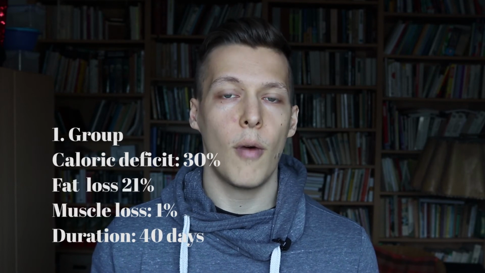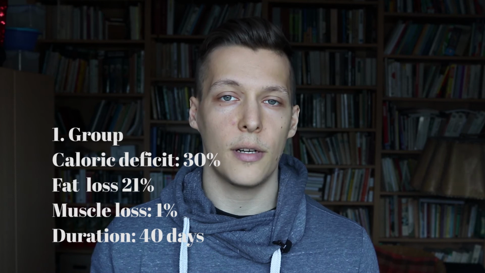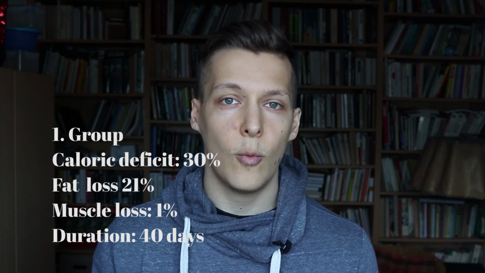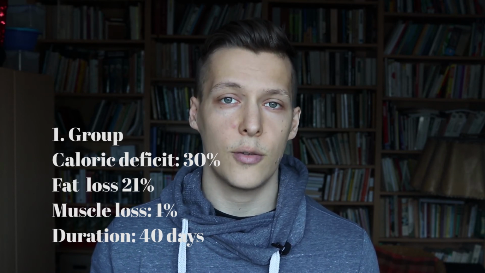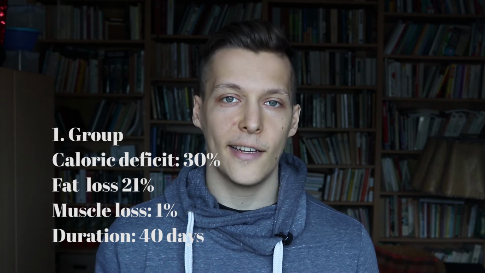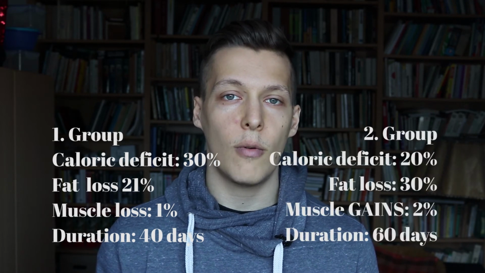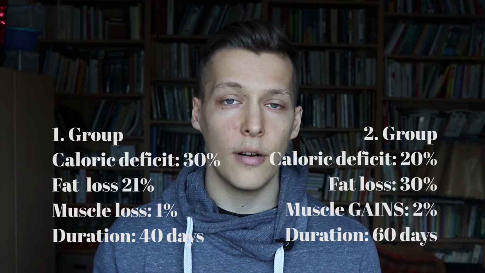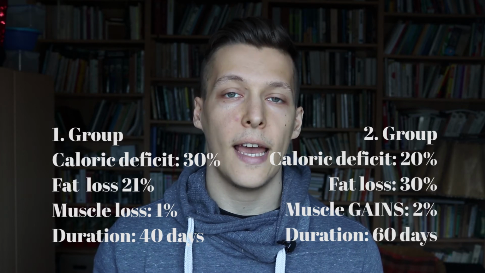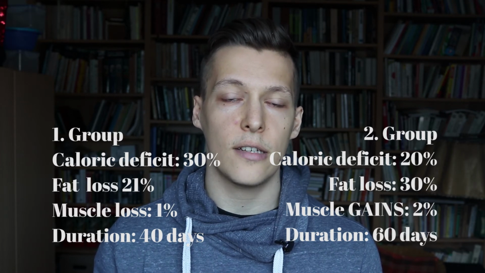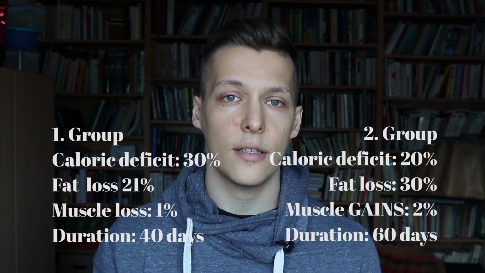The group with the more aggressive approach lost 21% of fat mass and 1% of muscle mass during 40 days, while the second group, cutting with a slower approach, lost 30% of fat mass and even gained 2% of muscle mass during 60 days.